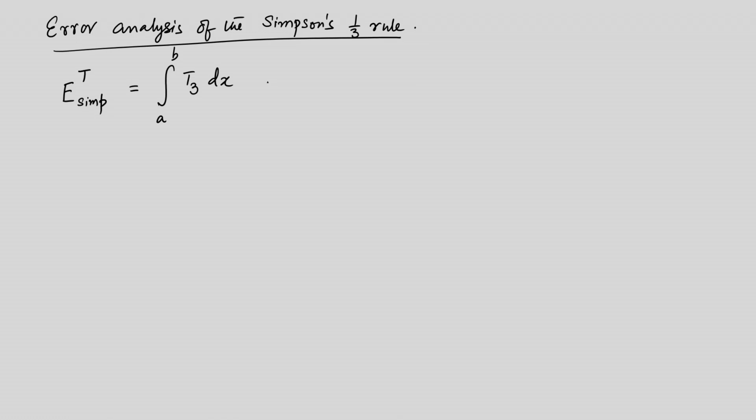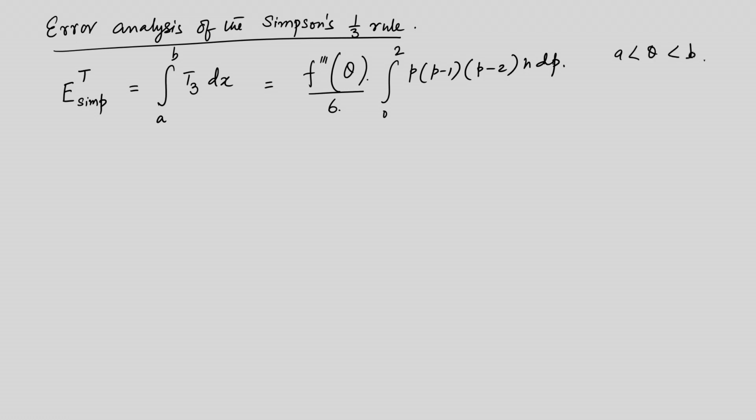If you write it carefully, then this becomes equal to f triple prime, and let me write some theta, and I will tell you what theta is, and then you have the integral from 0 to 2 of p into p minus 1 into p minus 2 times h dp, where theta is a variable that lies between a and b.